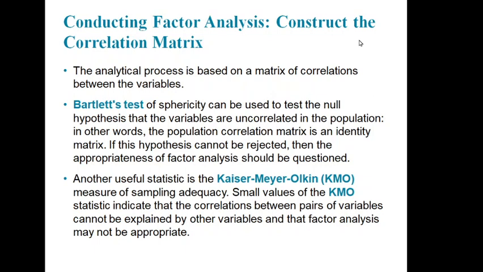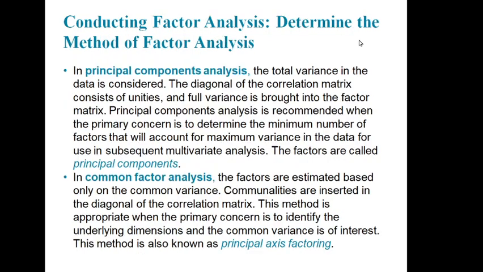Another useful statistic is the Kaiser-Meyer-Olkin KMO test of sampling adequacy. The KMO test will tell you about the appropriateness of using factor analysis in that particular research problem, right? Then there are around 6 methods of conducting factor analysis.